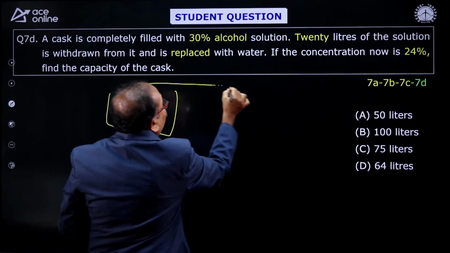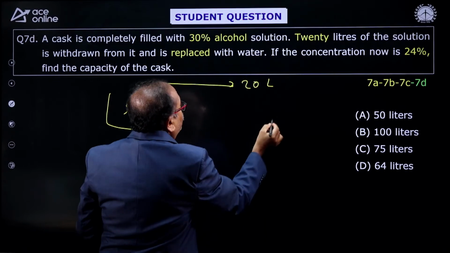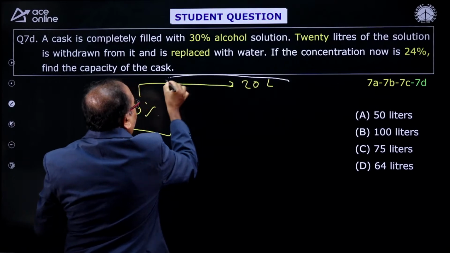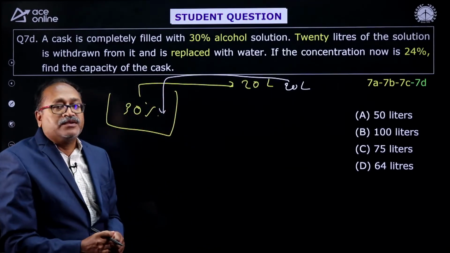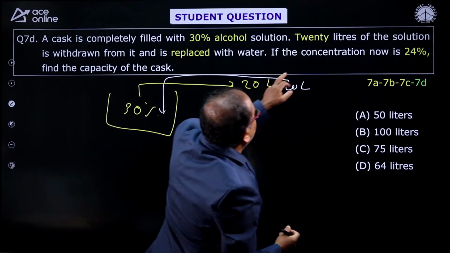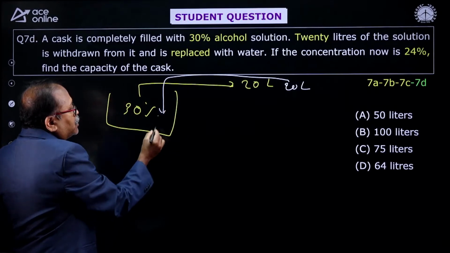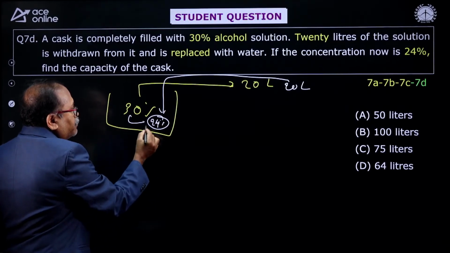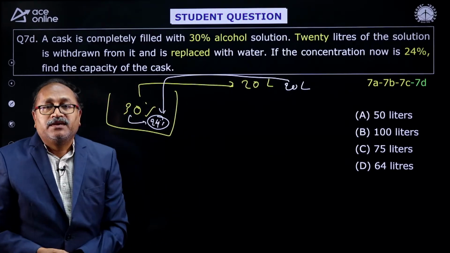You have taken out 20 liters and you replace this with water, the same 20 liters of water. Now if the concentration after this replacement becomes 24% from 30%, then what is the capacity of the cask?